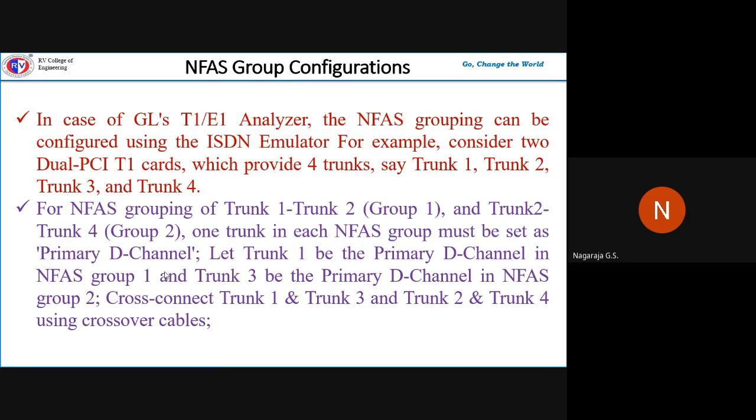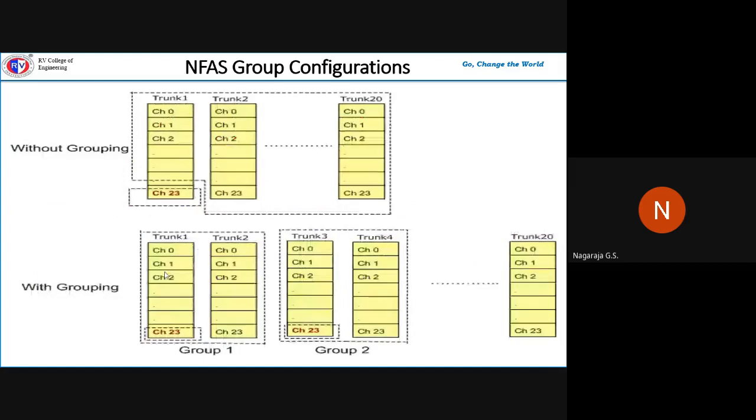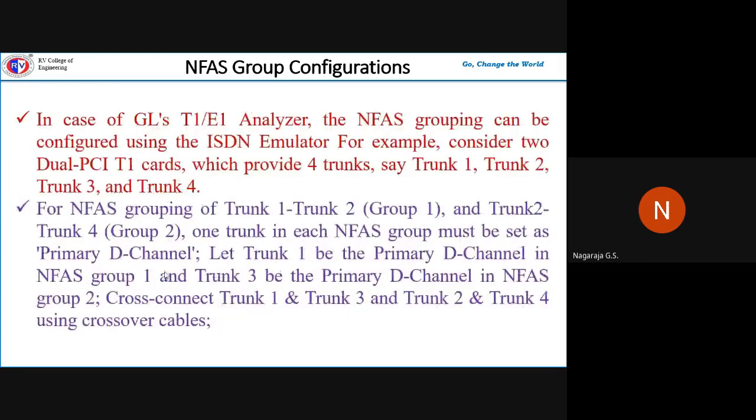There are a lot of technical details in your NFAS group configurations. What I mean is, when you start working on ISDN's distributed services with and without grouping, based on the services you have to choose your interface links, say the T-link, terminal equipment, network equipment, all those things.